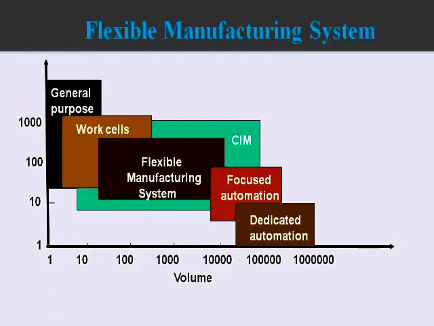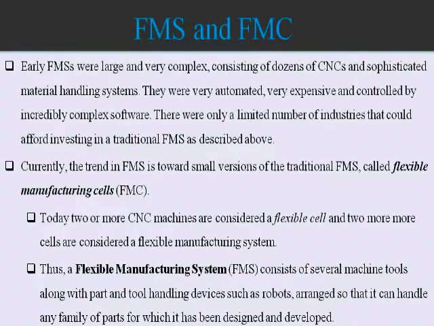Now, coming to the definition, let us see the developments and the definitions of an FMS. Early FMS were large and very complex, consisting of dozens of CNCs and sophisticated material handling systems. They were very automated, very expensive, and controlled by incredibly complex software. Only a limited number of industries could afford to invest in a traditional FMS as described above.